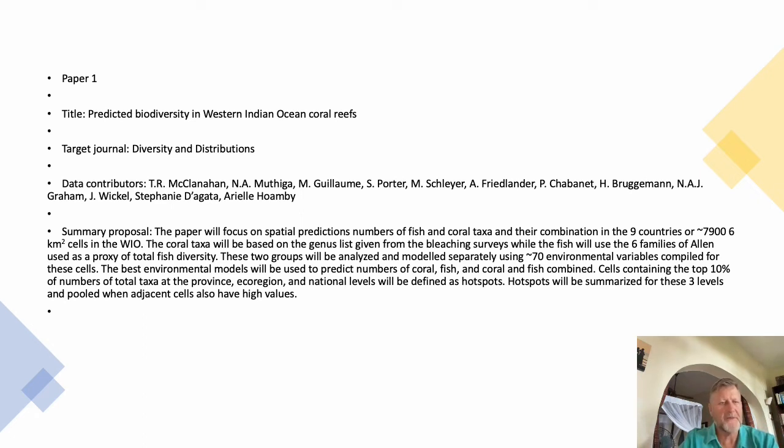The idea of these papers is that they should be fairly short, with a limited number of elements, tables, and figures, and get in and submit to journals such as Diversity and Distributions that have fairly limited word limits and element limits, and that required us to focus on a few key things.